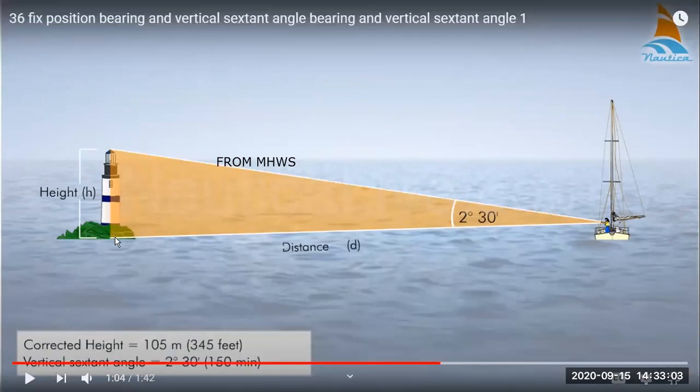So we need the height of the lighthouse from the present sea level, as we can see, because we are getting the angle for this distance, this height. So the height of the lighthouse should be from the present sea level, and the angle is 2 degrees 30 minutes from the sea level to the lighthouse. Then only we'll get the correct distance.